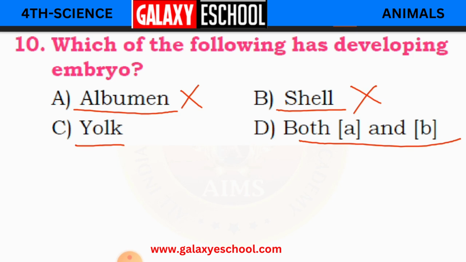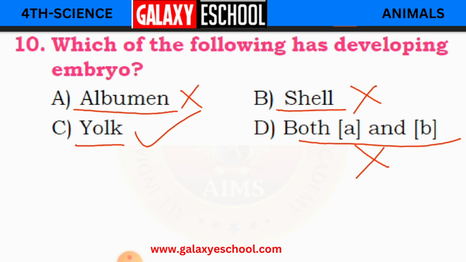The yellow colored substance. So there you will be having the developing embryo. So that is why C is the correct answer. Even D option, both A and B, is also wrong. Clear, children? So in the yolk, the embryo develops and it gets hatched, in the sense by breaking the shell of the egg.